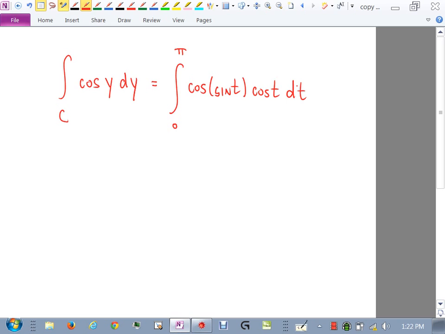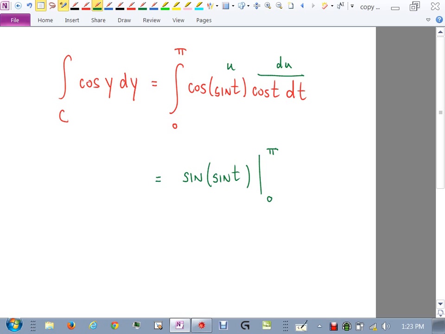And that, again, is going to be a basic substitution. So u is sine t, here's du right there. So antiderivative of cosine of u would just be sine u. So we want sine u, but what's u? Sine t, evaluated 0 to pi.